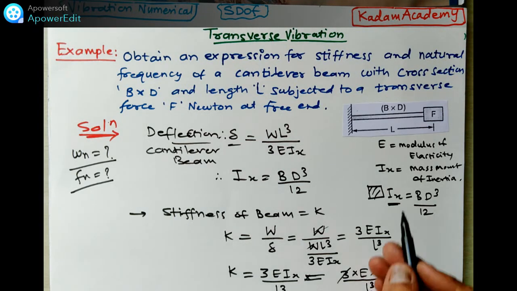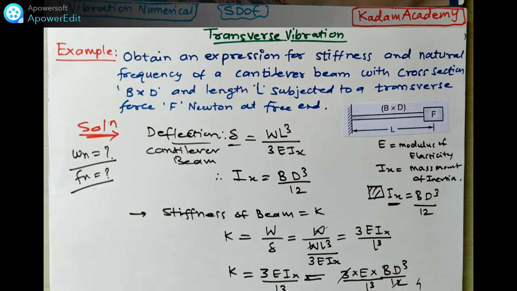So we can consider this as a spring mass system. In this case, omega n is the square root of k by m. This is the natural frequency for transverse vibrations. For this you have to watch the video of the transverse vibration derivation.